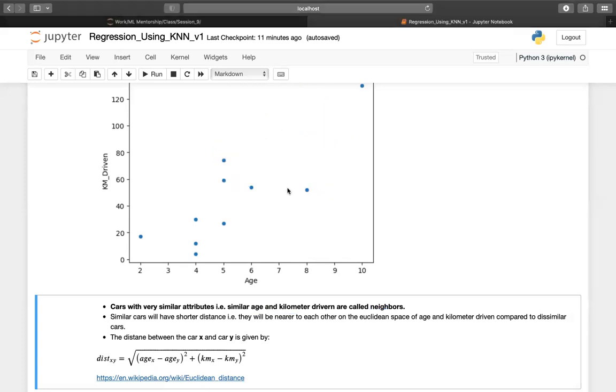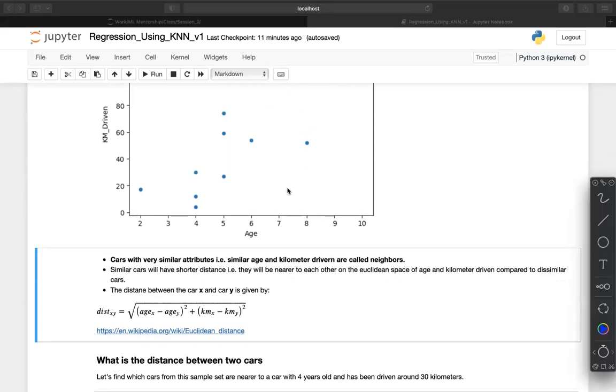Then how do you calculate the Euclidean distance? If you depict one car as x and the other car as y, the distance between these two cars would be the age of x minus the age of y, squared, plus the kilometer driven by car x minus the kilometer driven by car y, squared, and take a square root of it.